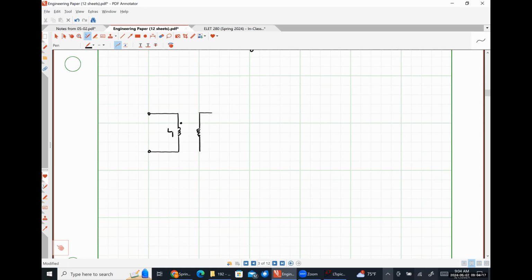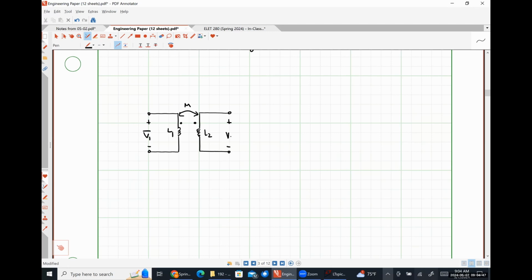So let's say that I have a simple transformer like so. We're going to start with dots on the same side. This is my voltage V1 across my primary.